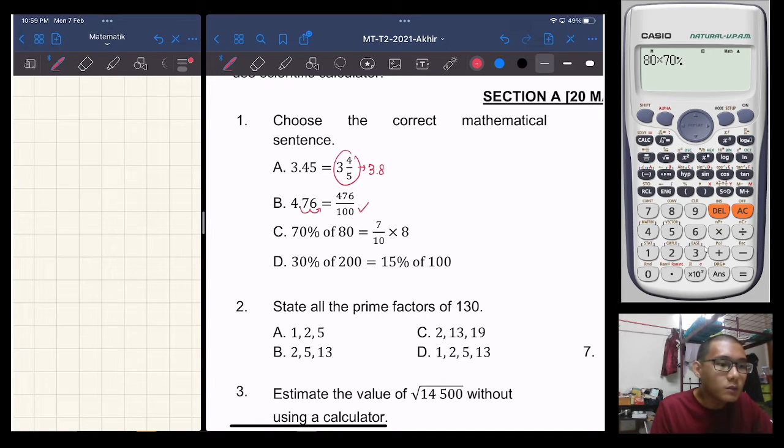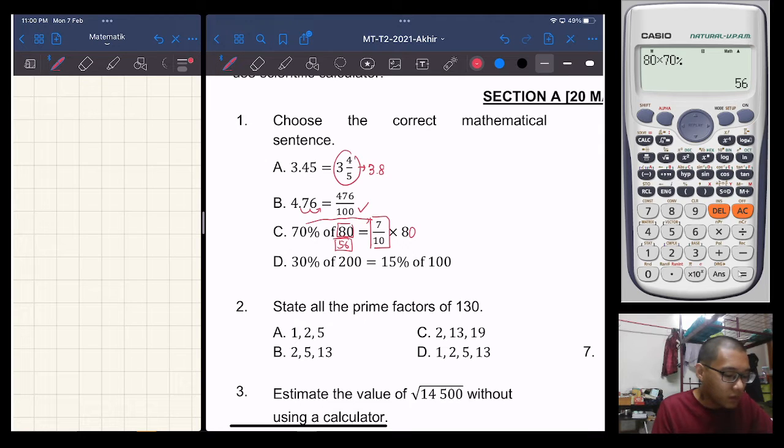Here, above the open bracket. So we have 56. So how do we present this one? Actually 7 over 10 is correct because it's 70%, but here 80 means that we need to times 80. So this one is wrong.